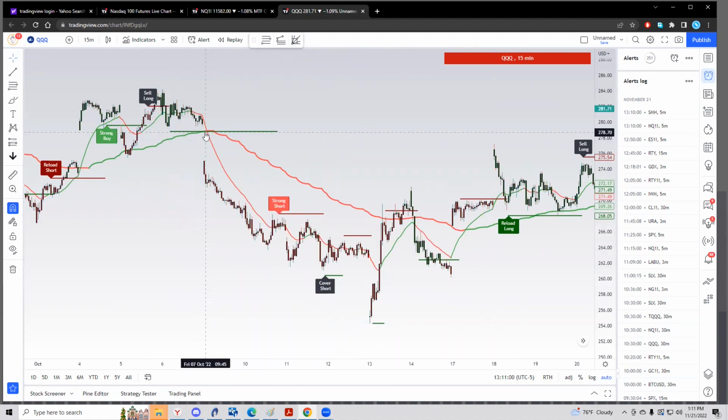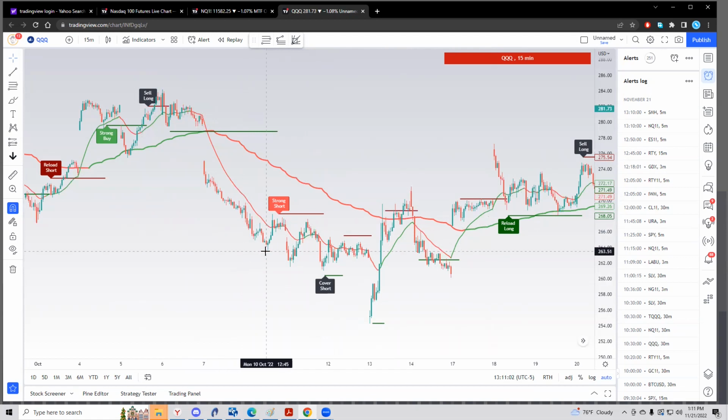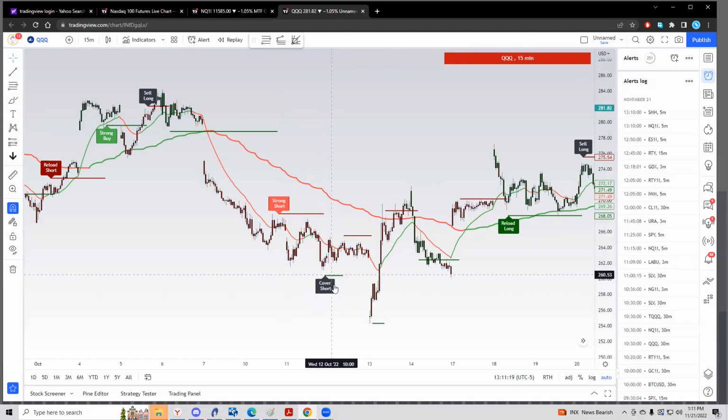We break under support, we drop to new lower lows, we come back in a weak pullback that makes a much lower high. The algo detects strong short, this is step 2, and step 3, another push down, until finally it gets exhausted and the algo prints cover short. But look what happened then.